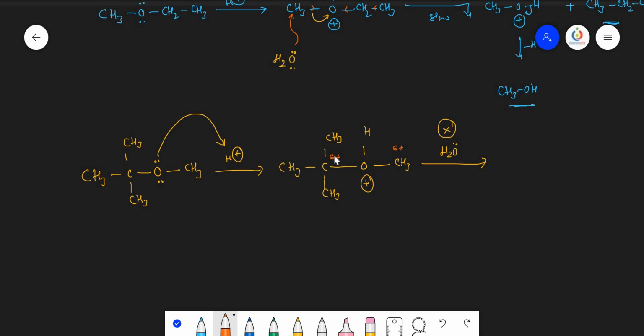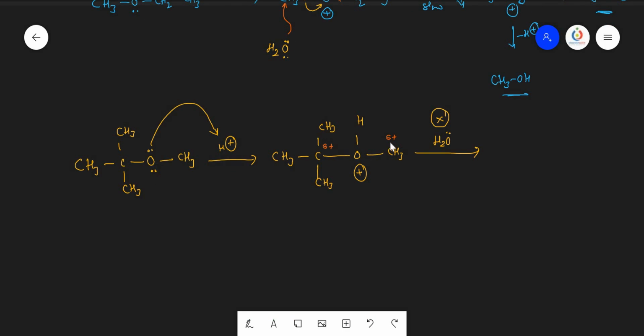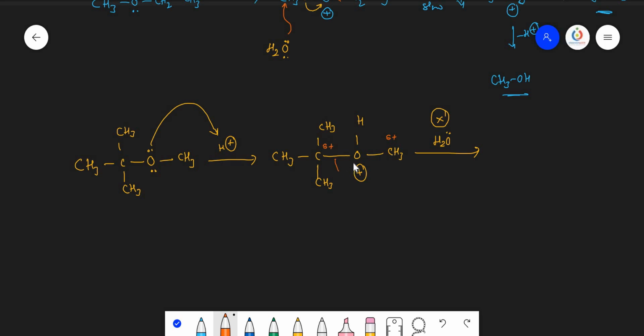But the partially positive charge of the tertiary carbon atom is unstable. Though the partially positive charges are created, H2O can easily attack over here also. There is no doubt. But the question is, instead of the partially positive charged carbon, a fully positive charged carbocation is more stable, the tertiary carbocation. So in this step, this bond will be disconnected, finally giving the tertiary carbocation with the CH3OH.